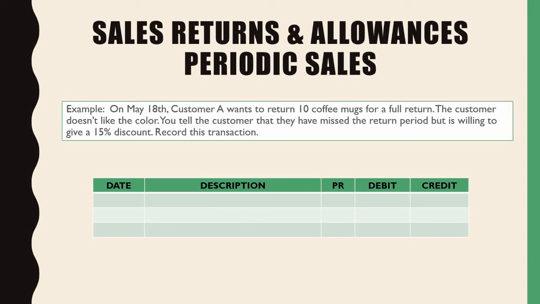Maybe they bought it and thought it was a nice color, then they actually looked at it and said, no, I don't like it. Because it is the 18th of May, excuse me, I think I said 15, they already passed the return policy. But this customer is getting really mad and is demanding a full refund.